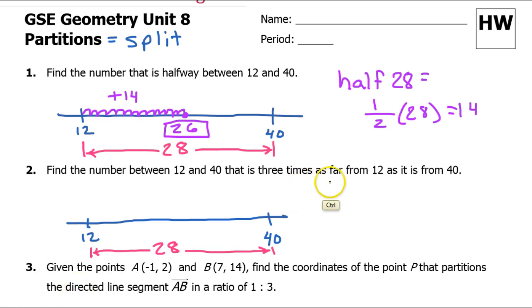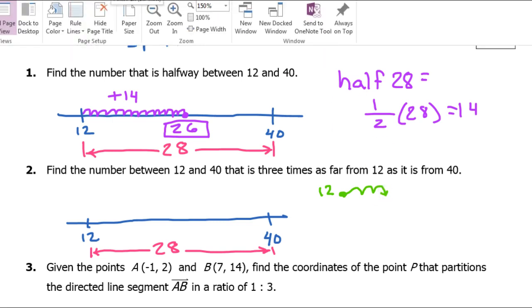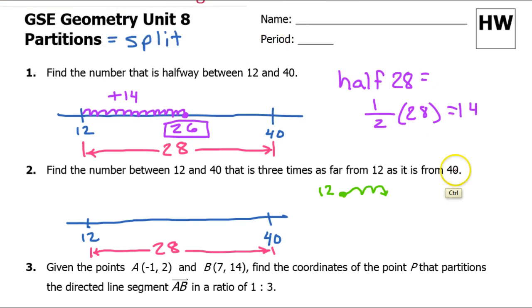Let me see if I can come up with a simpler way of saying 3 times as far from 12 as it is from 40. Imagine that this is at 12. If I'm going to be 3 times as far from 12, that means for every 3 steps away from 12, I should be only 1 step away from 40.